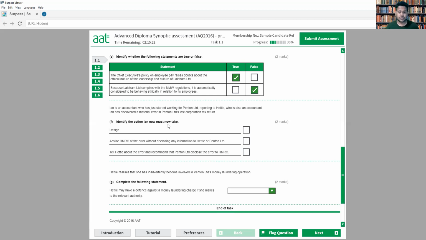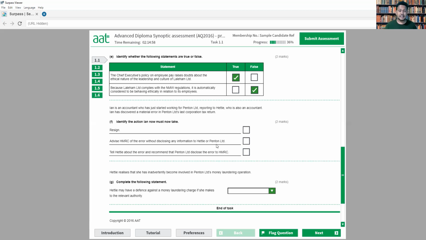So what Ian should do, he checked the paper, he found there is some error. So what will he do, resign? No, it's not Ian's fault. Why would he resign? Advise HMRC of the error without disclosing any information to Hetty or Penton Limited. Never do that. If you find a mistake, you have to speak to your director, your superior, your supervisor with the company first.